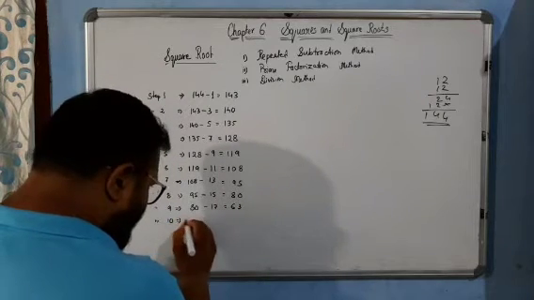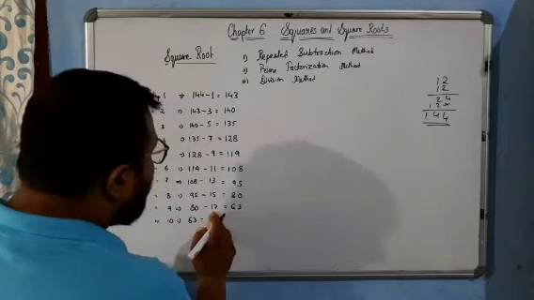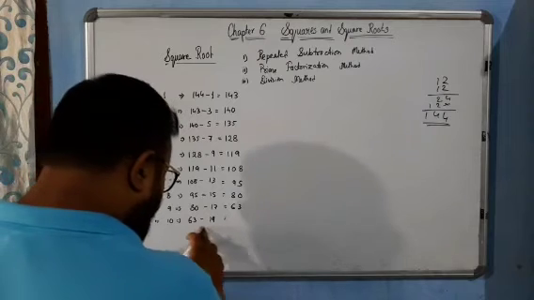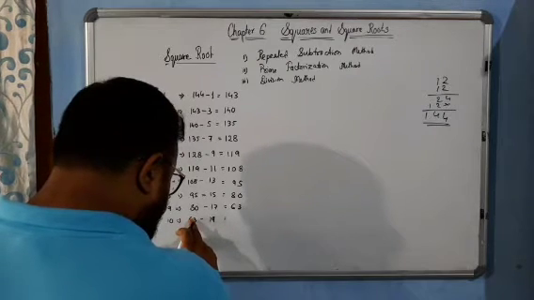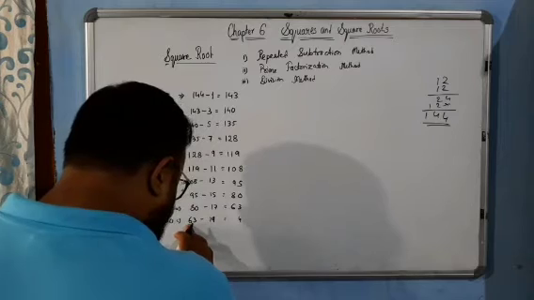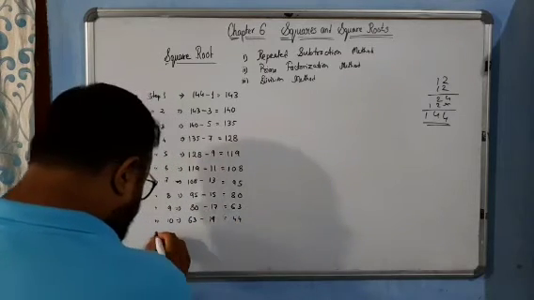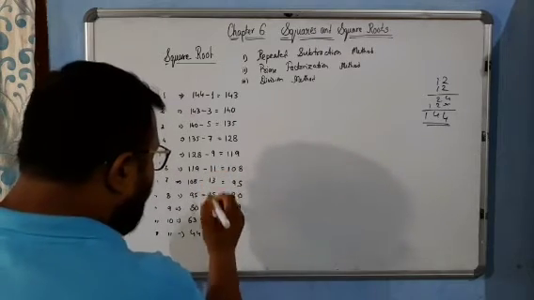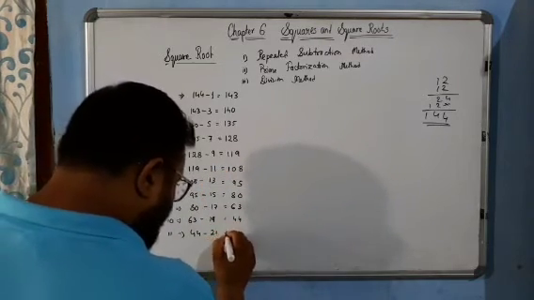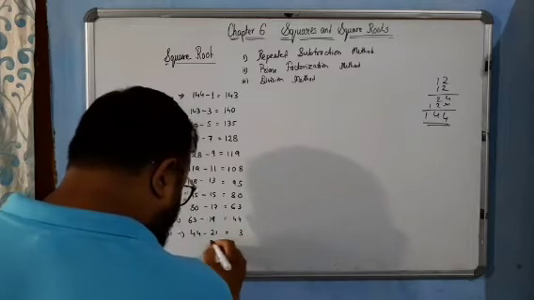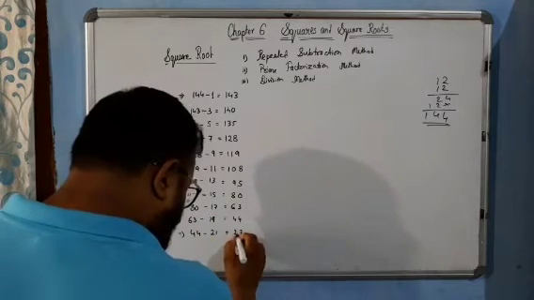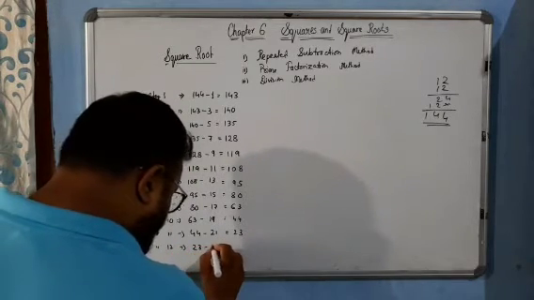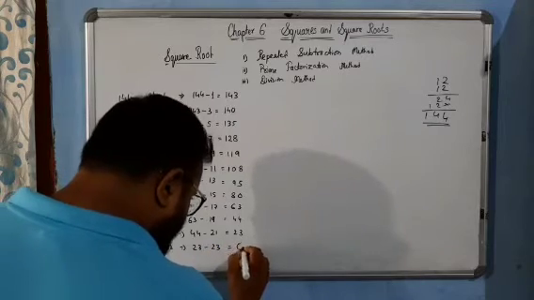On step 10, 63 minus 19 gives 44. On step 11, 44 minus 21 gives 23. And on the last step, step 12, 23 minus the next odd number, 23, will be 0.